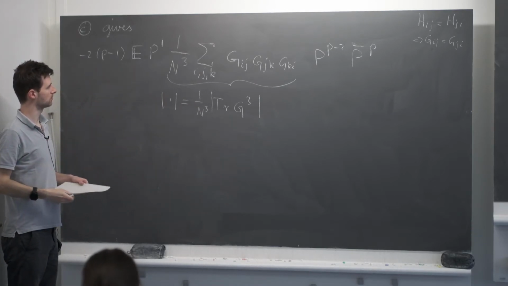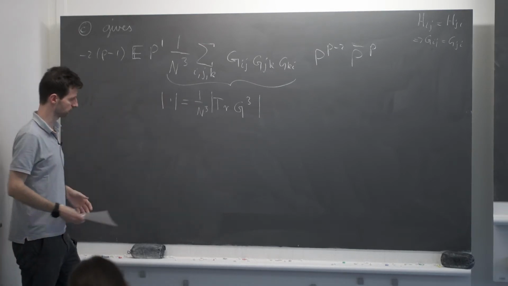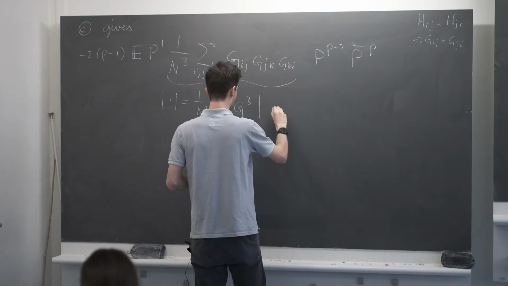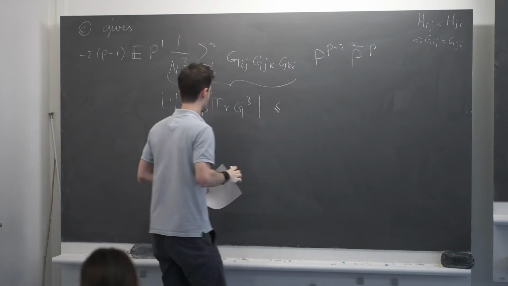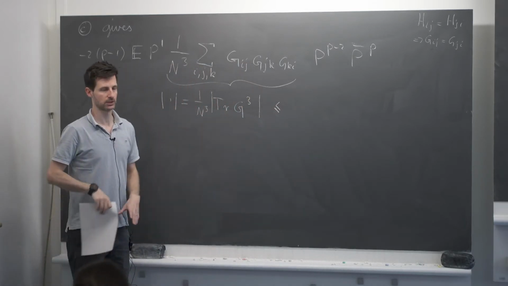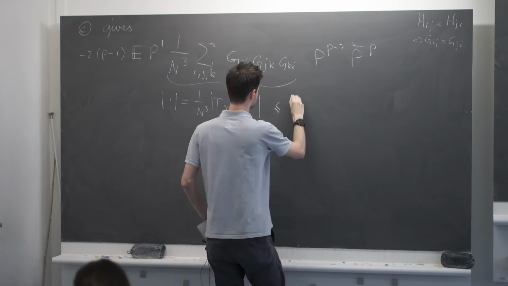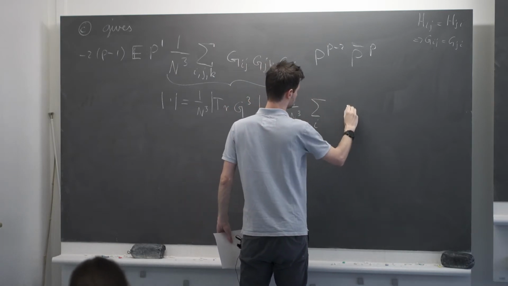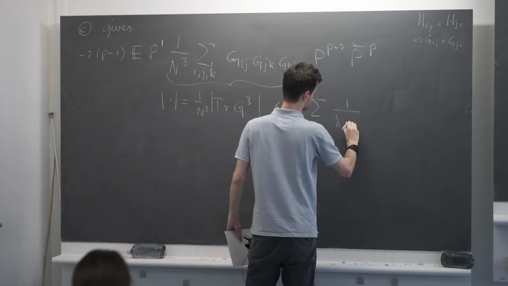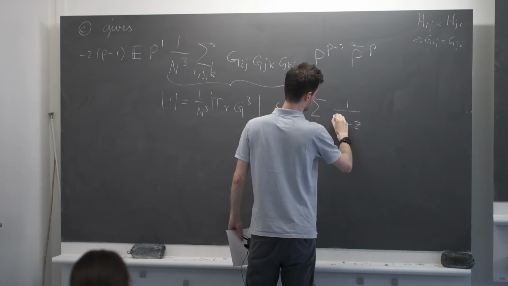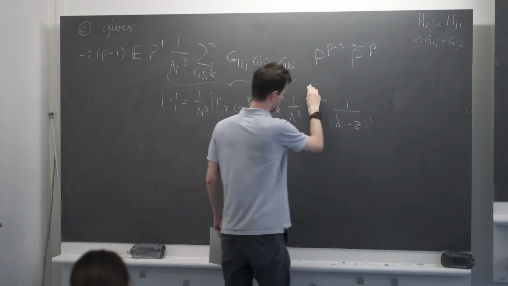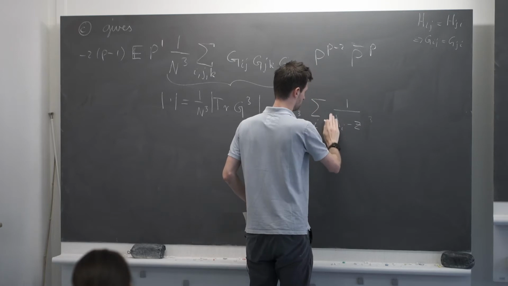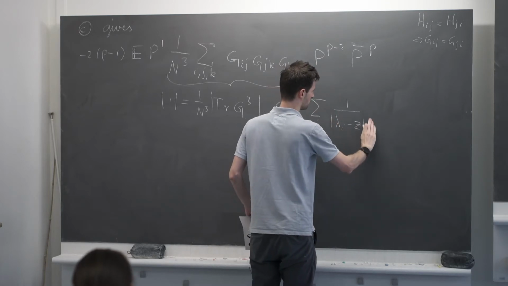So the absolute value of this is equal to the absolute value of the trace of G to the 3 divided by n to the 3. I can now rewrite the trace in the spectral decomposition. So it would be the absolute value of this guy. I can get an upper bound if I take the absolute values inside.